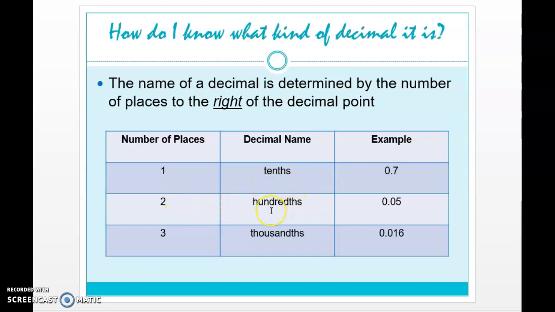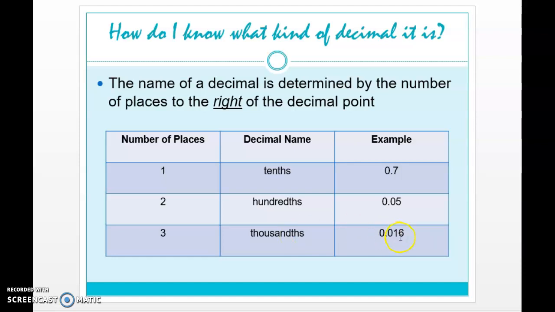2 decimal places, the decimal name becomes hundredths. An example is 0.05. A 3 decimal place number, number of places 3, the name of the decimal becomes thousandths.